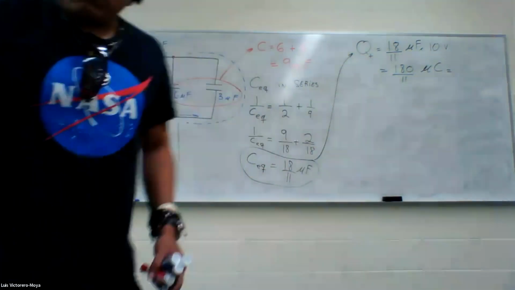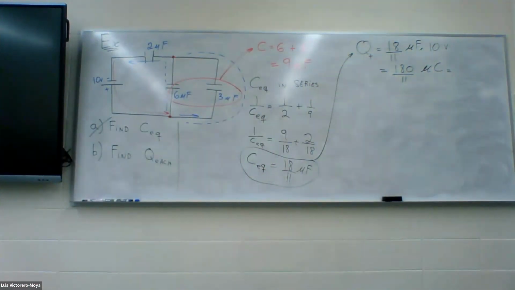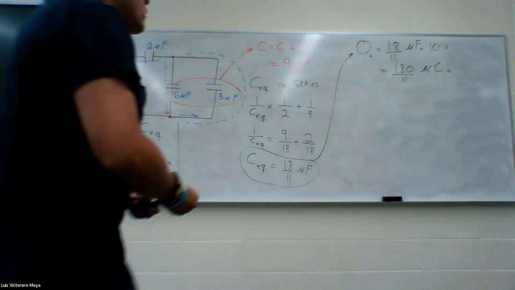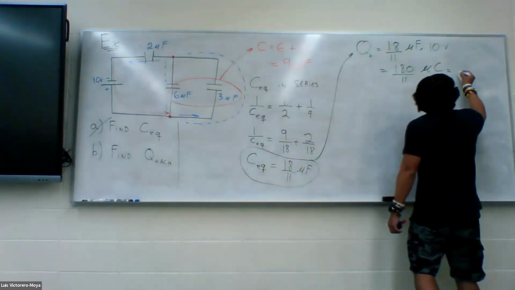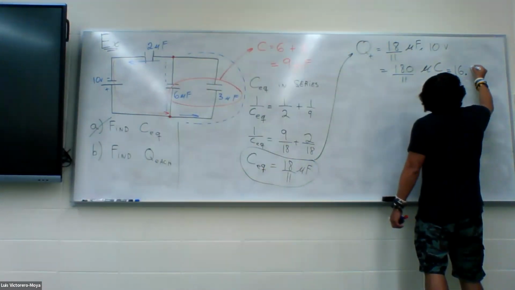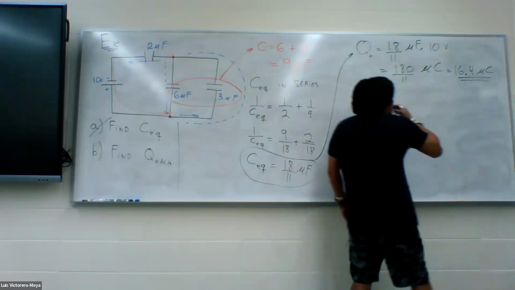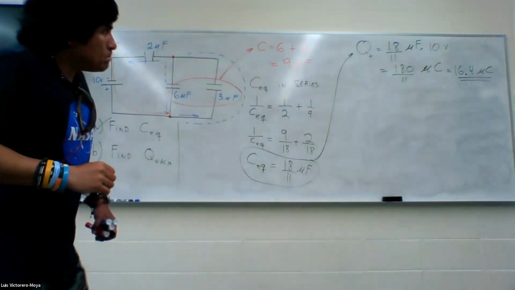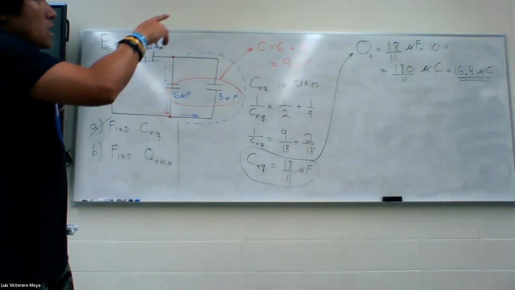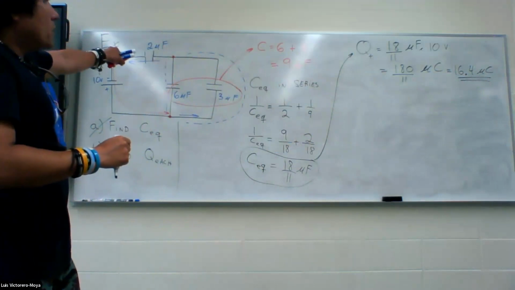That should be around 15, 16. 16.4. There is approximately 16.4 microcoulombs. So that's my charge. That's the charge on the circuit.